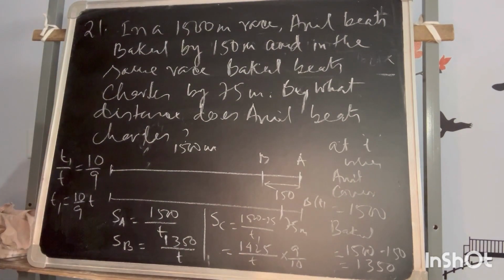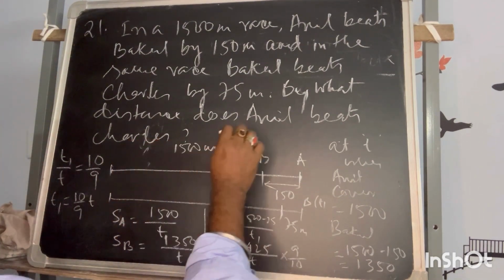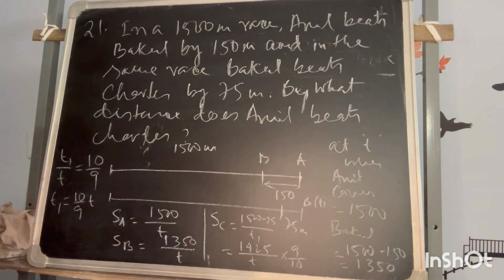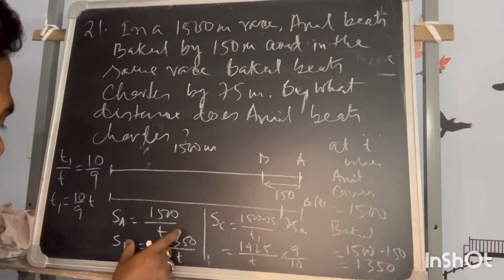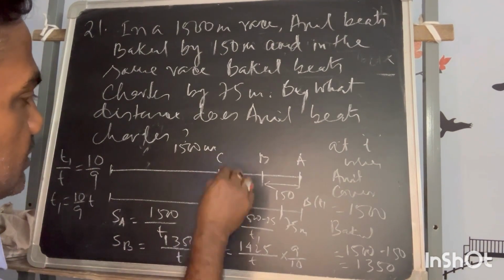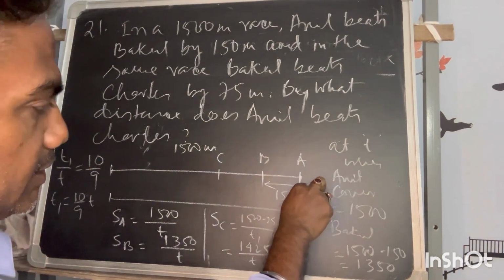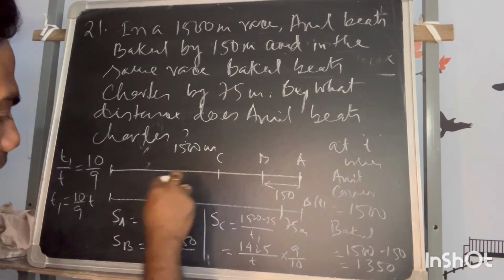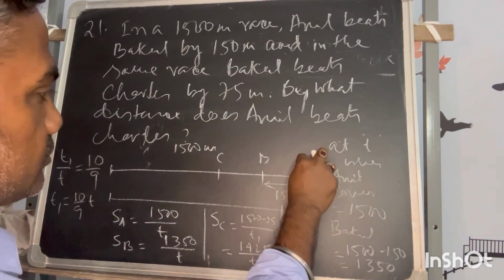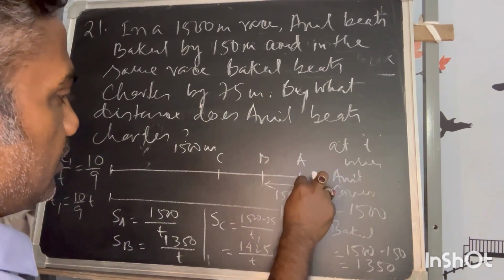Fine. So now, by what distance does Anil beat Charles? So this is the speed. If I consider the first case, I have to find Charles's location when Anil has reached the terminal in t time.